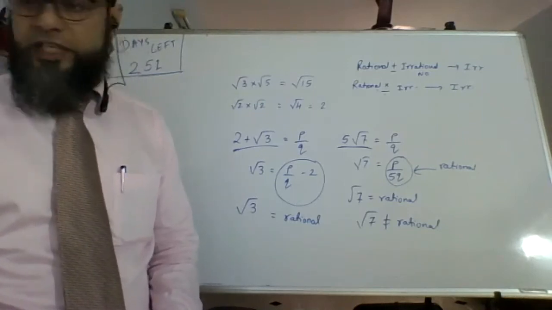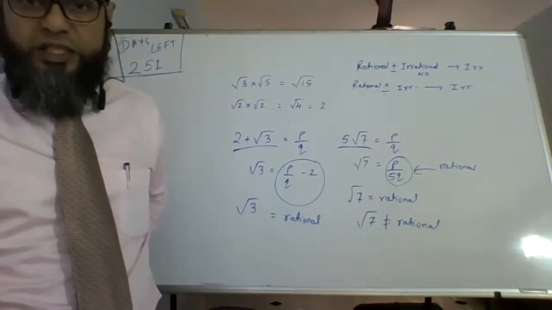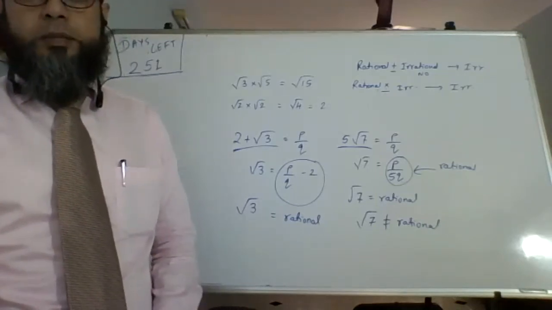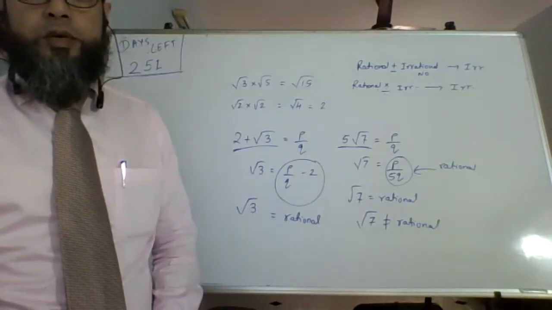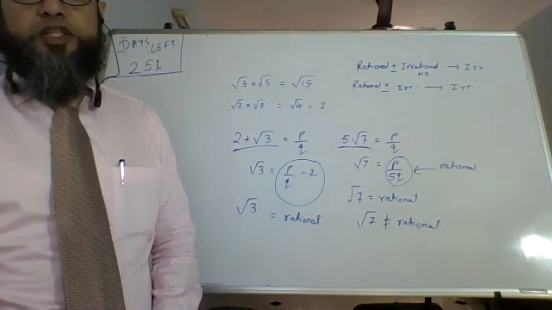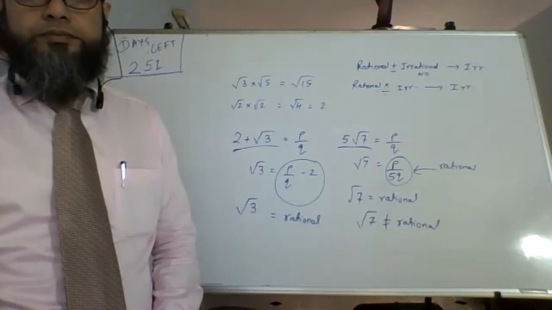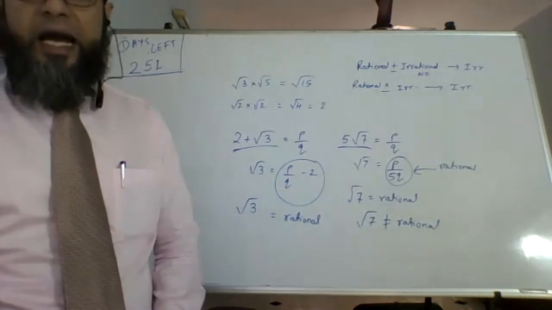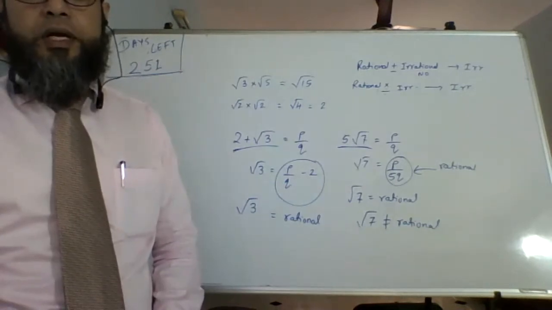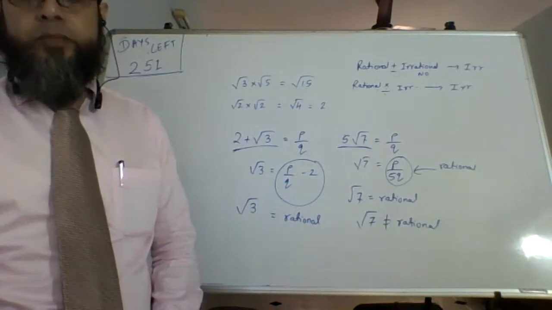Addition or subtraction of a rational number with an irrational number is an irrational number. This is the first property.